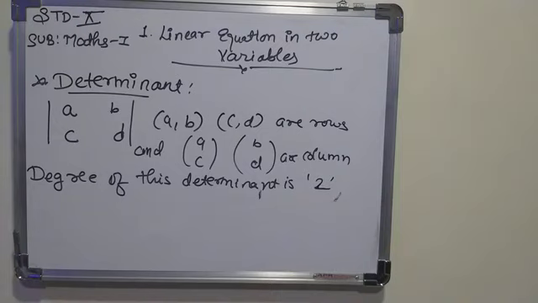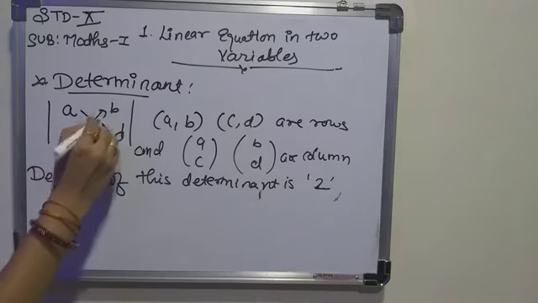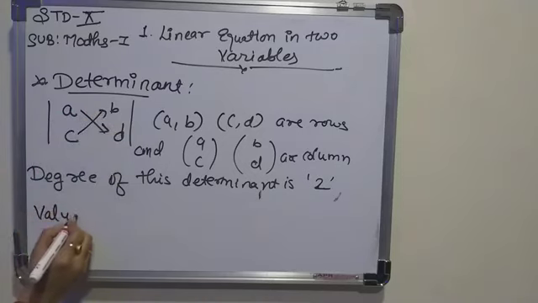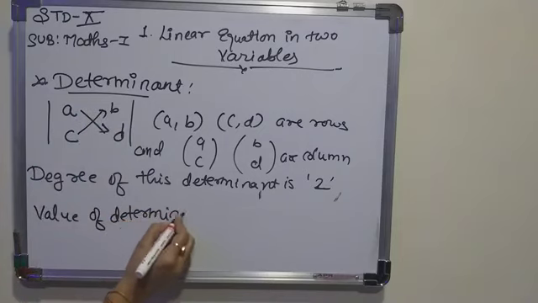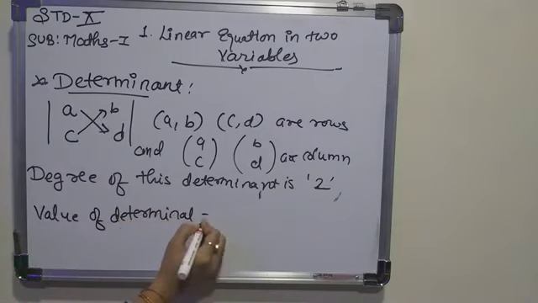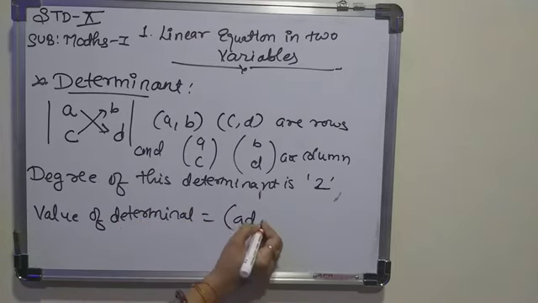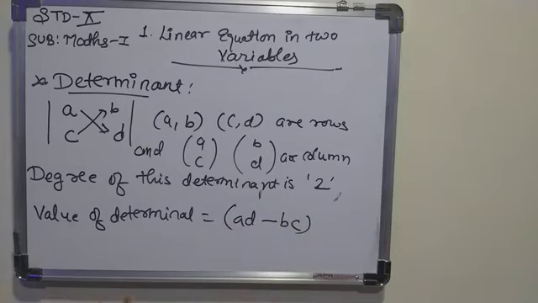And what is the value of the determinant? We have to do the cross multiplication like this. So the value of the determinant is nothing but A into D minus B into C. You have to do the subtraction for the value of the determinant.